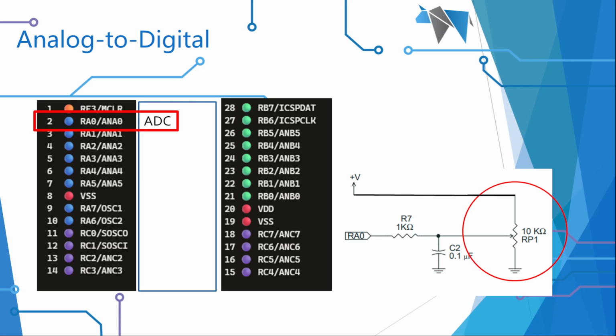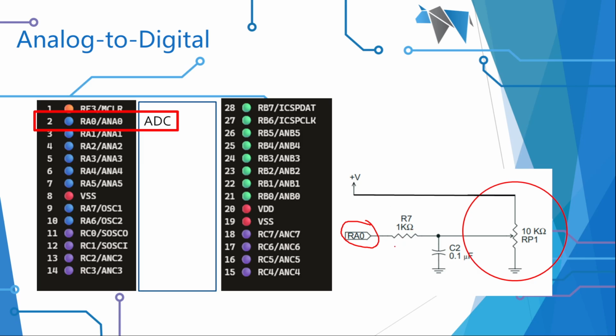So we're going to hook it up to the ADC on RA0, which is pin 2, and we've got a little diagram here. I've used it many, many times. Essentially, this is RA0, which is the same as the one here on the top left-hand corner, the ADC.